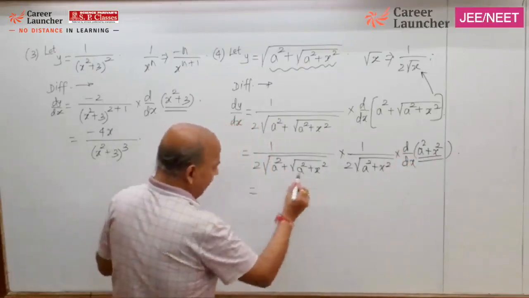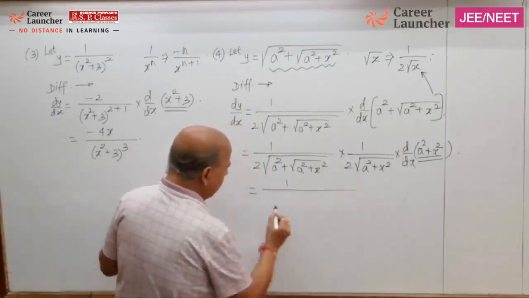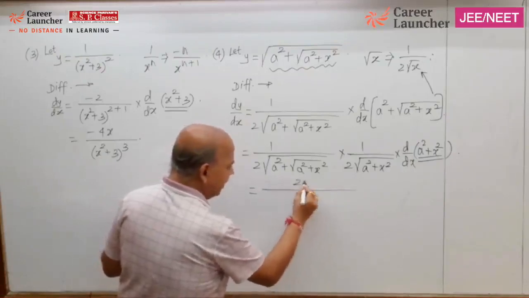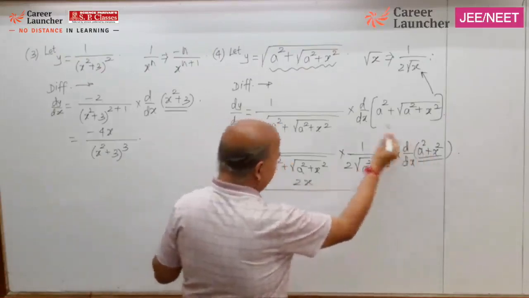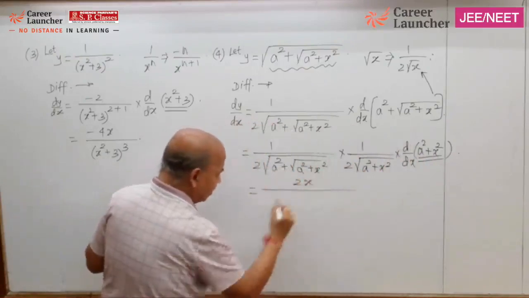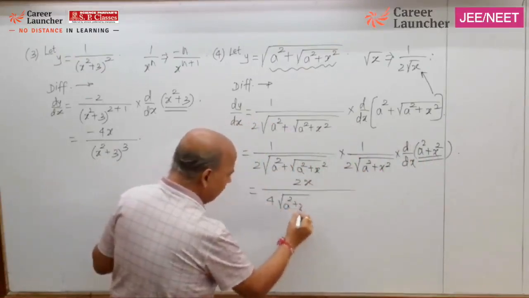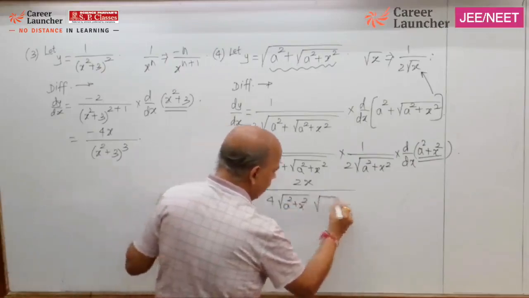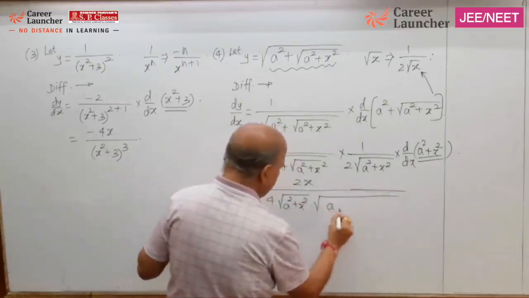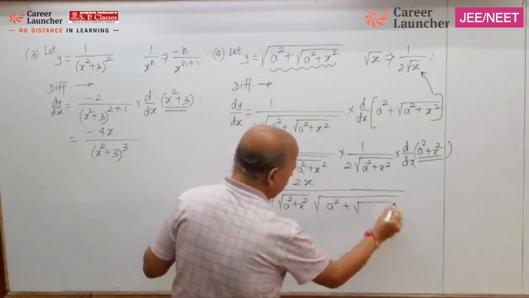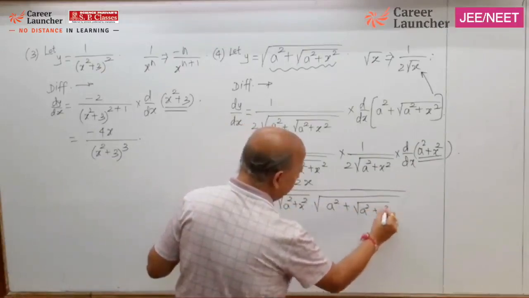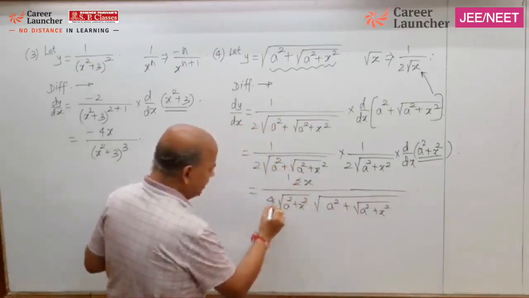So will it not be, first this will be, can I write 2x here? Its derivative will go in the numerator. And this is what? 2 2s are 4. Root of a square plus x square into root of a square plus root of a square plus x square. 2 1s are 2, 2 2s are 4.